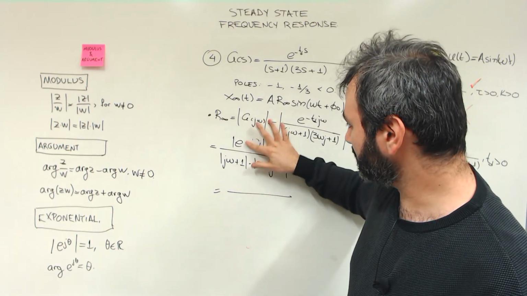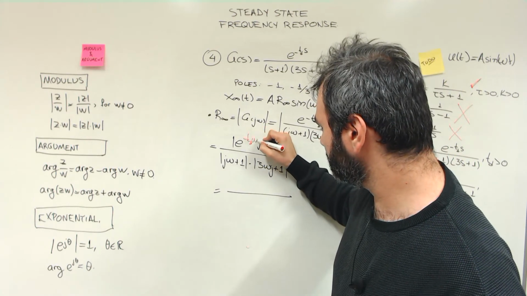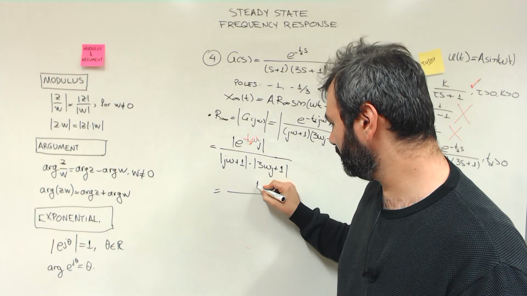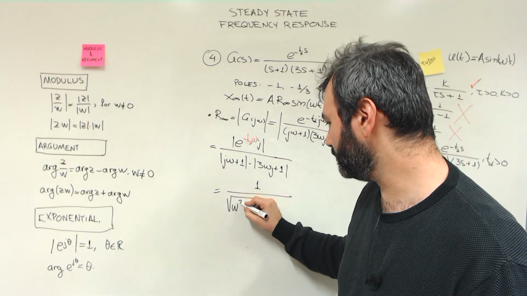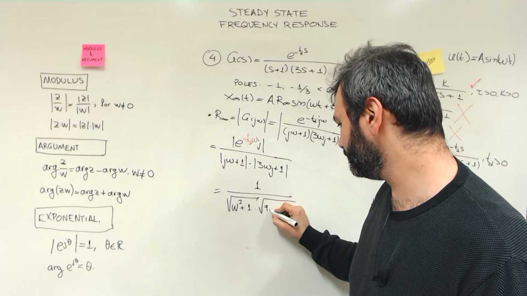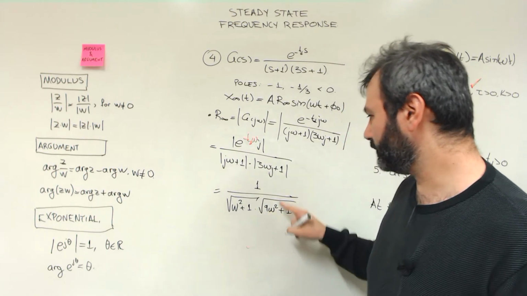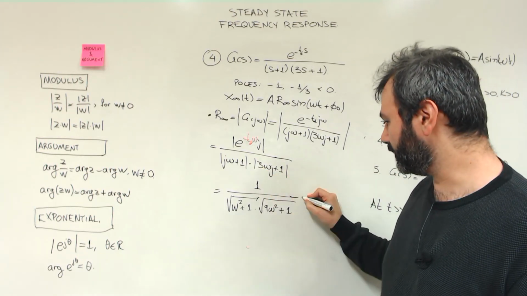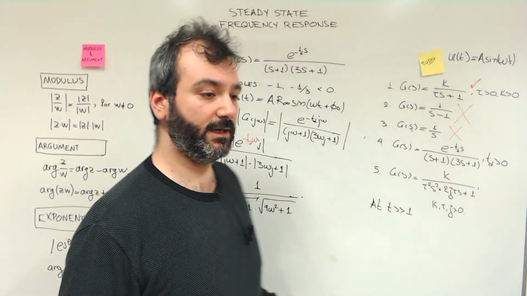In this case, the exponential of j times minus td omega. Well, this is equal to 1 over square root of omega squared plus 1, square root of 9 is 3, omega squared plus 1. And that is the amplitude ratio. So we have solved half the exercise.